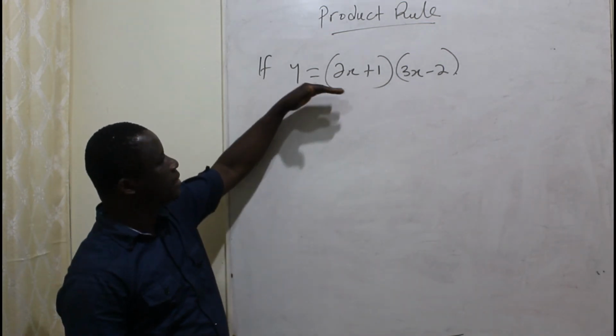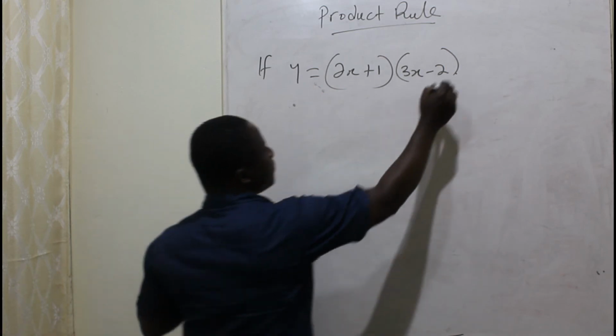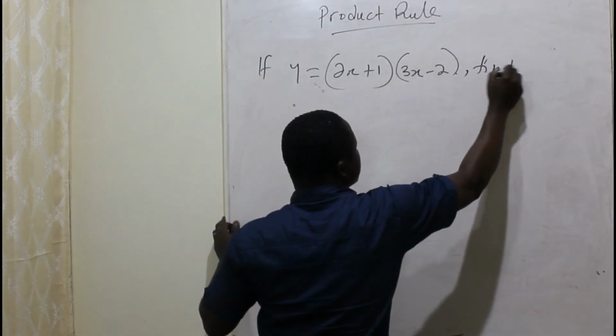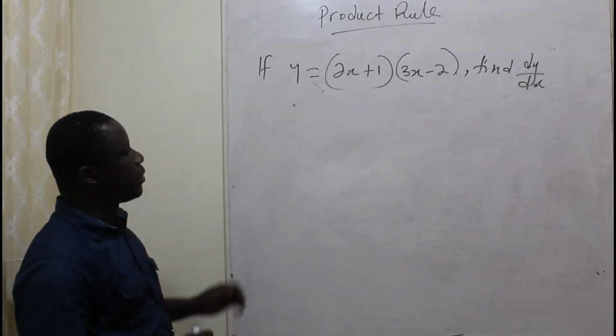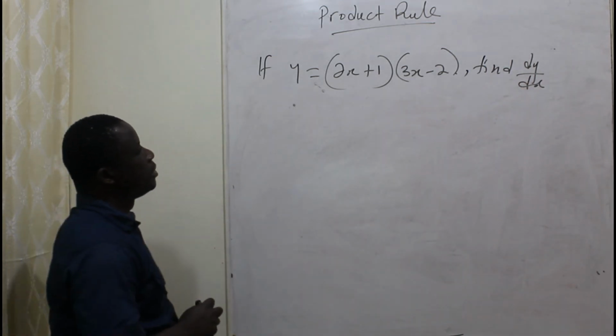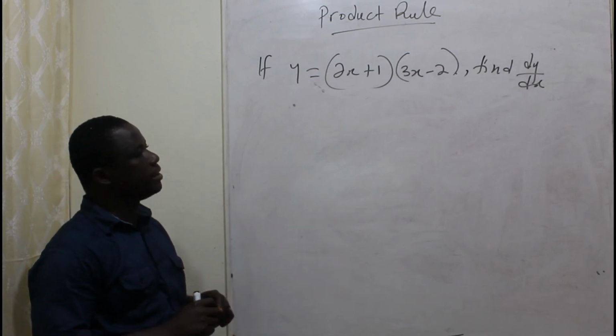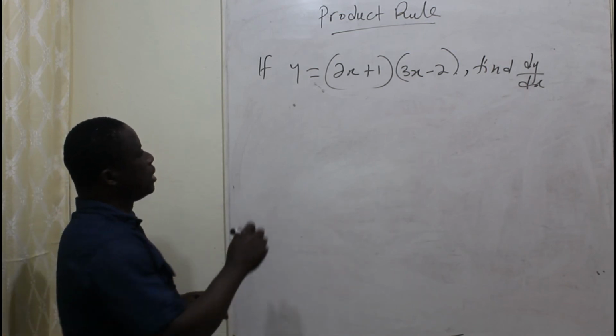So if you want to find the differential coefficient, we have to find dy/dx. What we are going to do per the rule, we maintain, we differentiate, we maintain. Or you can expand.